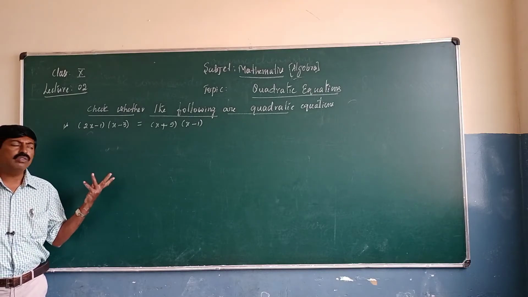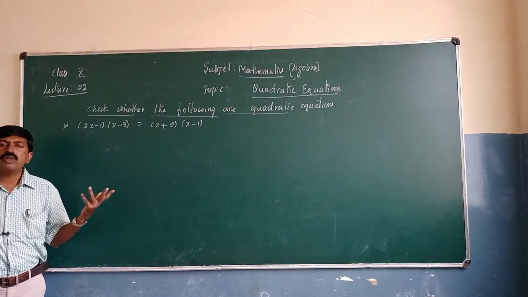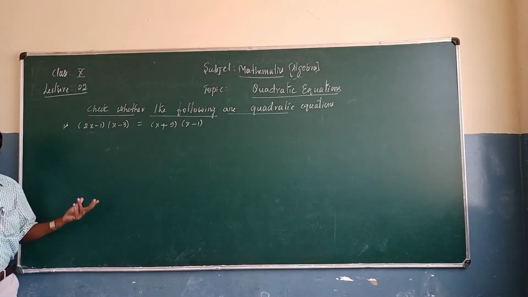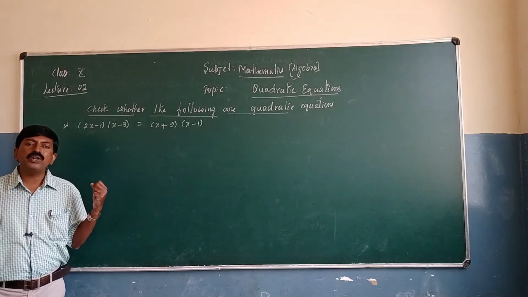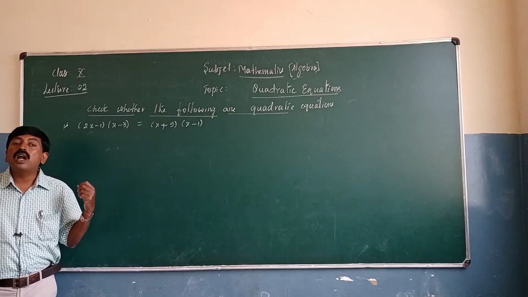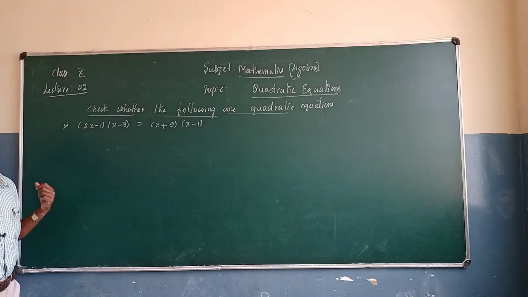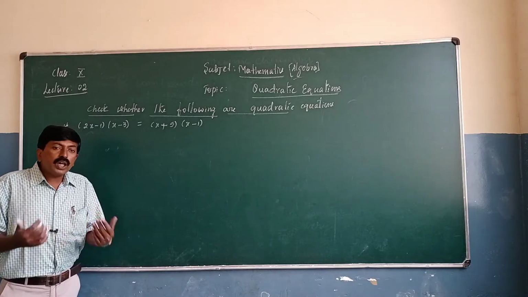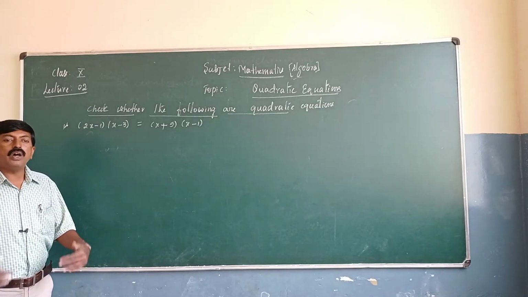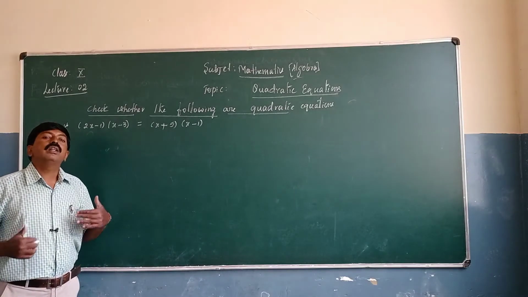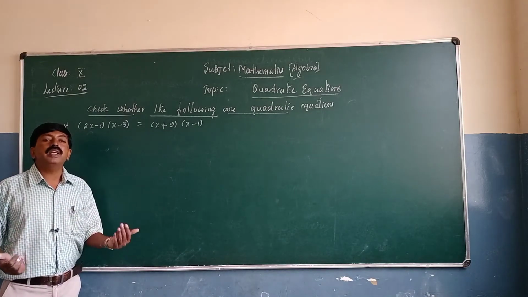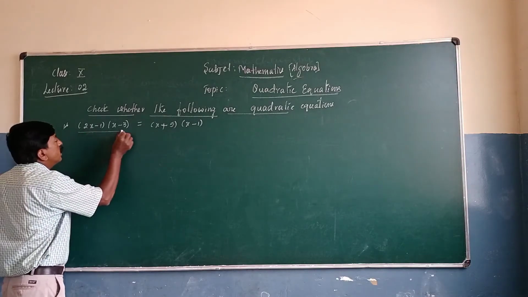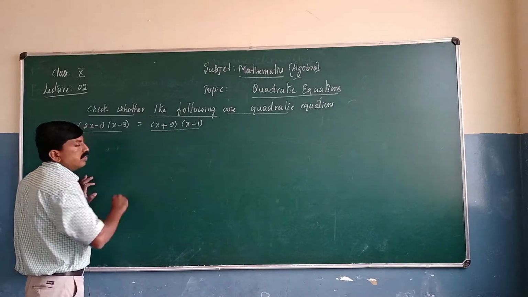It is not in the form of ax square plus bx plus c is equal to 0, which is the standard form of a quadratic equation. Whatever equation is given, you have to convert it to the form ax square plus bx plus c is equal to 0. Now here, this is the LHS and this is the RHS.